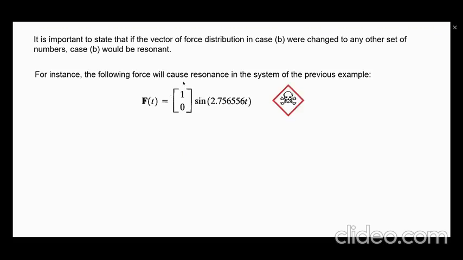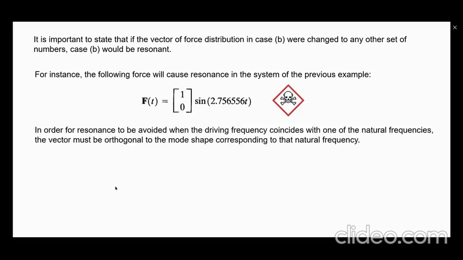For example, if I told you f of t was 1 and 0 times this, you got a problem, because the product of the second mode shape with this is not 0. And there will be resonance.